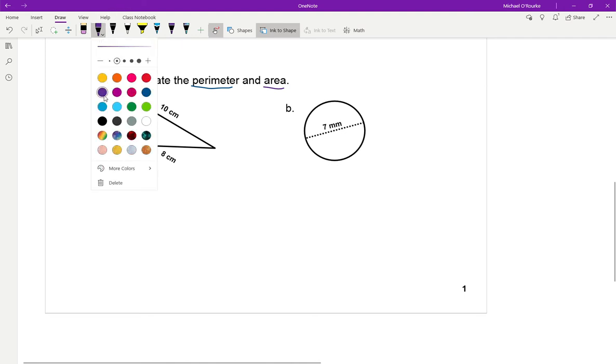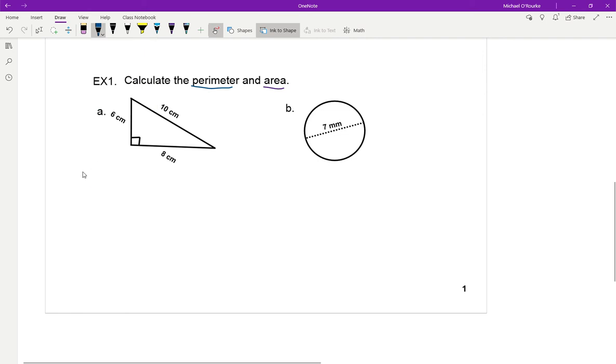For perimeter, I'm just going to add up the sides. So my perimeter is going to equal 6 plus 8 plus 10, which equals 16, 24. 24, and make sure you include the units at the end here.